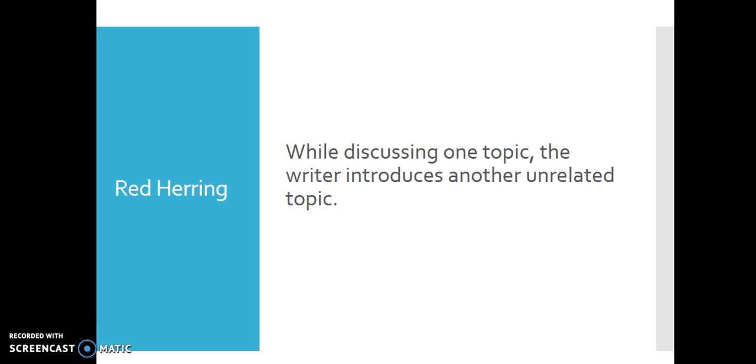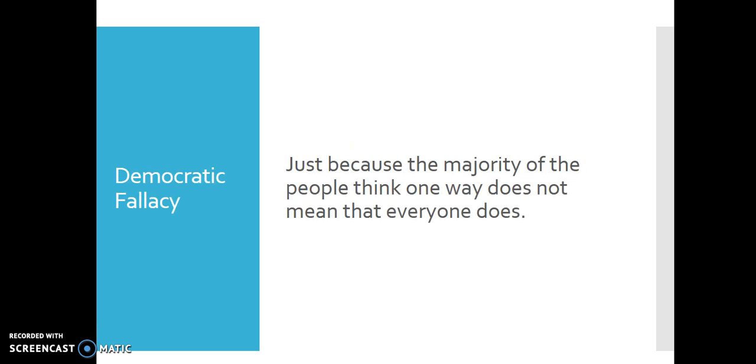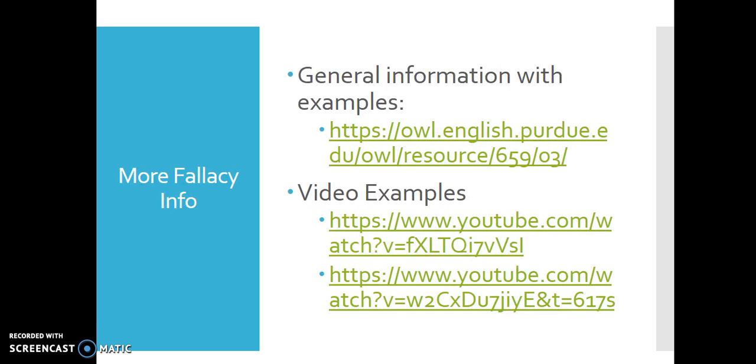So you're really supposed to be focusing on this one, but then you sort of diverge into a different topic. The democratic fallacy. So just because the majority of people think one way, it does not mean that everyone does. So keep that in mind as you're doing your research as well, and just watch your wording and how you're saying things.